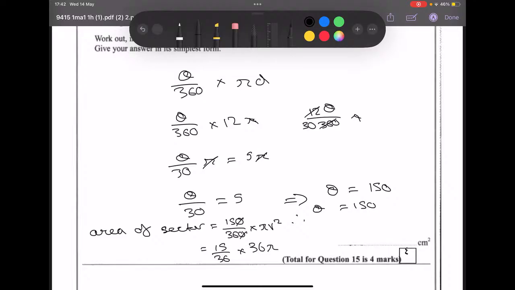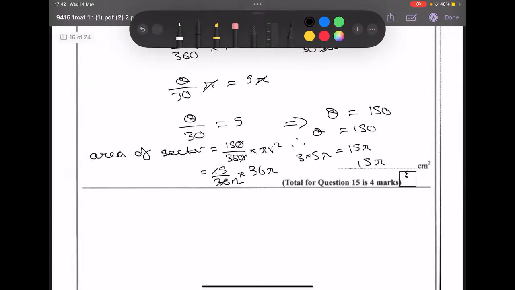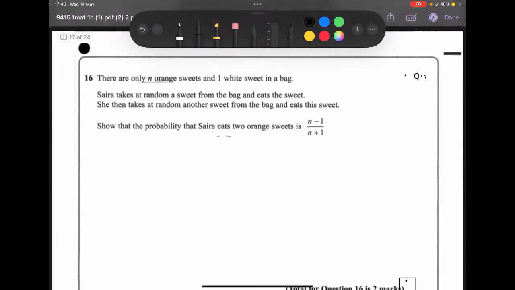Now 15 over 36, as it's an uncalculated paper, we'll have to simplify it. That is 5 over 12. 36 divided by 12 is 3. 3 times 5 pi equals 15 pi centimeters squared. That is another 4 marks.